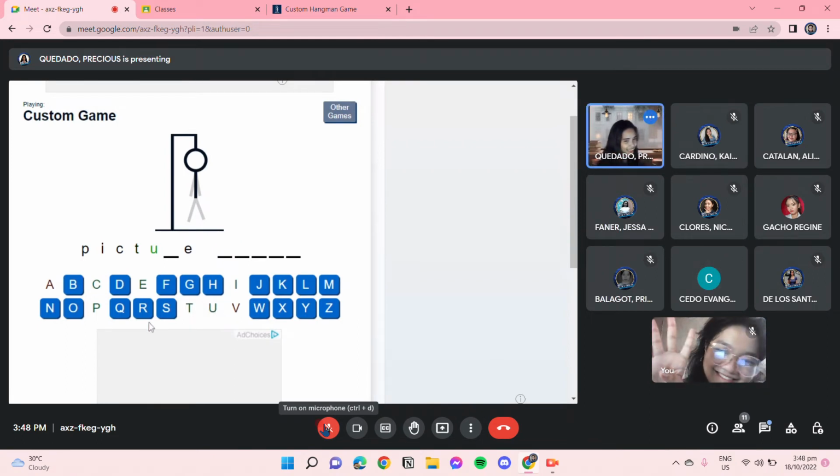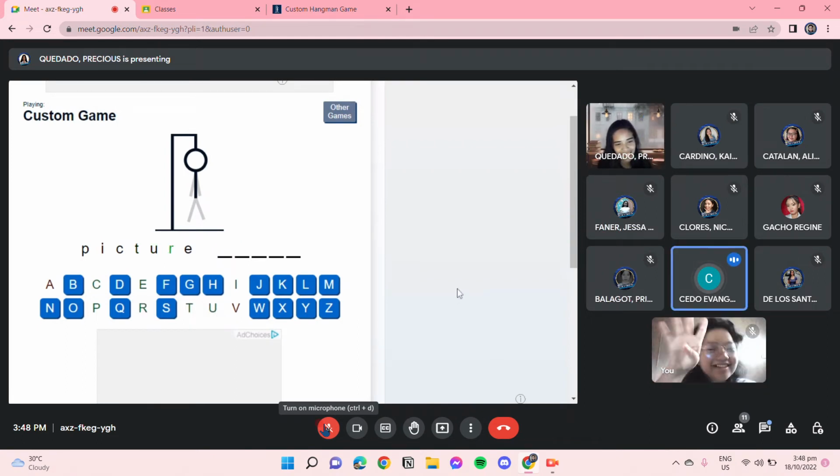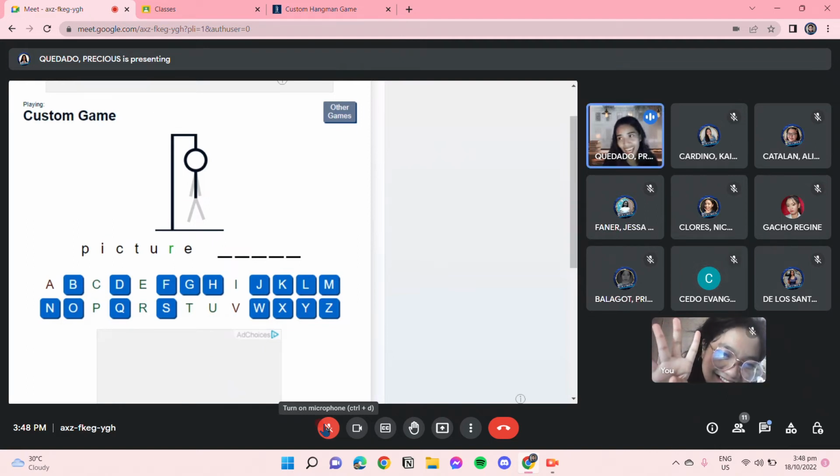That's children. R. Why are there two words? This is very easy. 4 points. Picture. Teacher. 10, 9, 8, 7, 6. Letter L. Let's see if that's correct. Letter L. That's wrong, Miss Sedo.